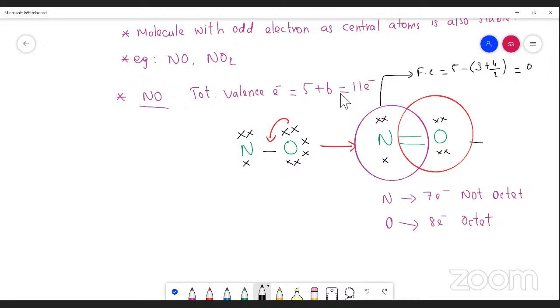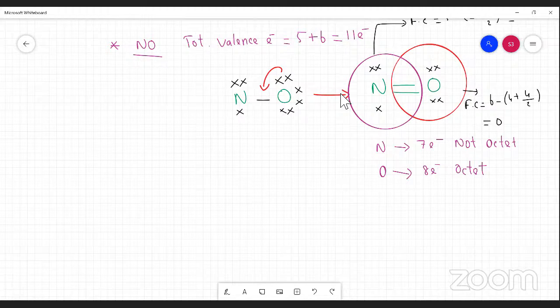The formal charge of oxygen is 6 valence electrons minus 4 lone pair electrons minus 4 by 2, so that is 0. Both have 0 formal charge. So the correct structure is NO, even though it contains an odd electron on nitrogen. Now we take the second example, nitrogen dioxide.